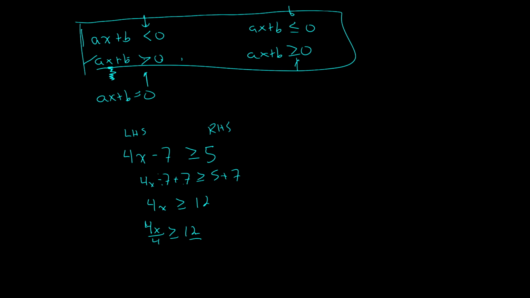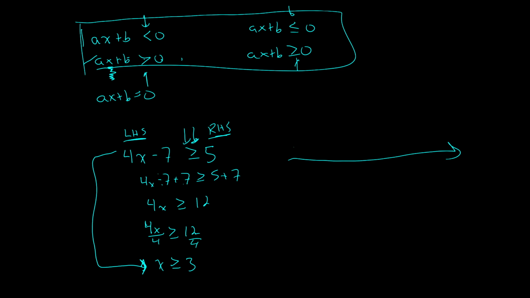Feel like I'm in a Monty Python sketch. And so 4 over 4 gives me x is greater than 3. And so I've solved this linear inequality by doing the same thing I would for an equation, using the inequality sign as the boundary between the left-hand side and the right-hand side. And I get an answer that on the number line looks like this. It's everything greater than 3. And so we call this solving a linear inequality.